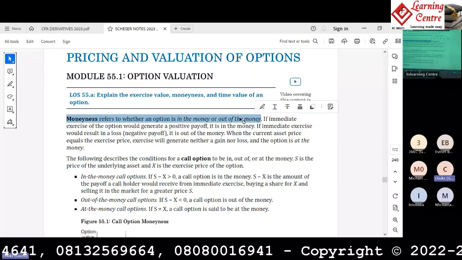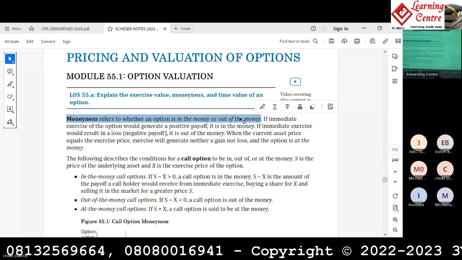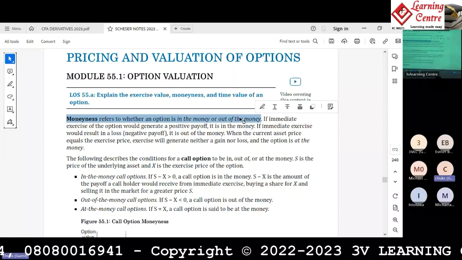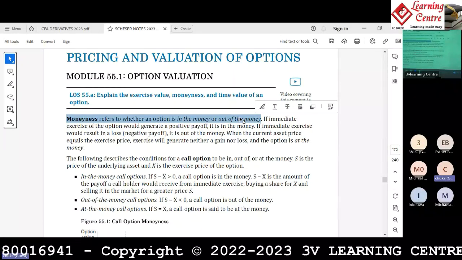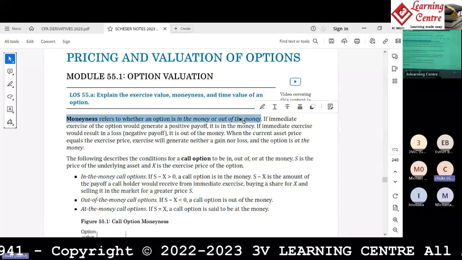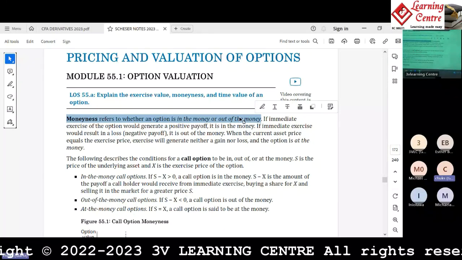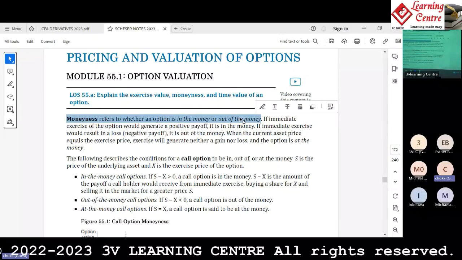So exercising the option means you are in the money. Because it is an option, I will only exercise it if I'm making money out of it. If I'm not making money out of it, I will not exercise it. So not exercising is equal to out of the money, and exercising is equal to in the money, basically, at the end of the day.